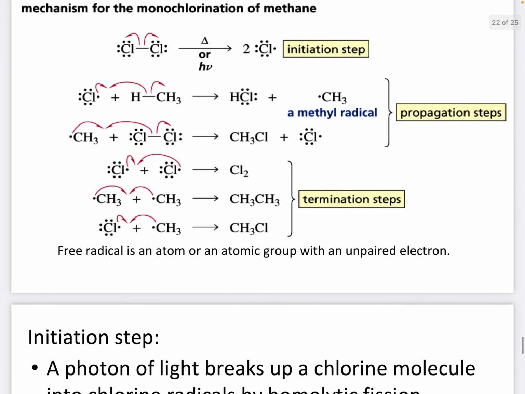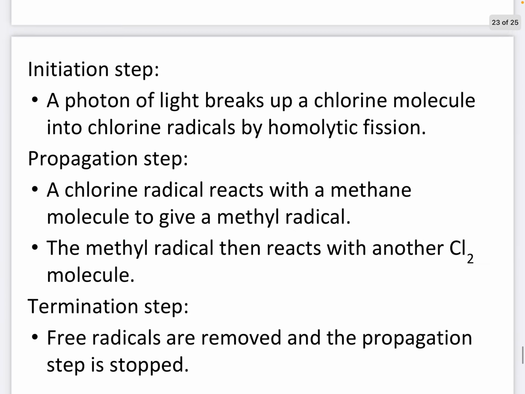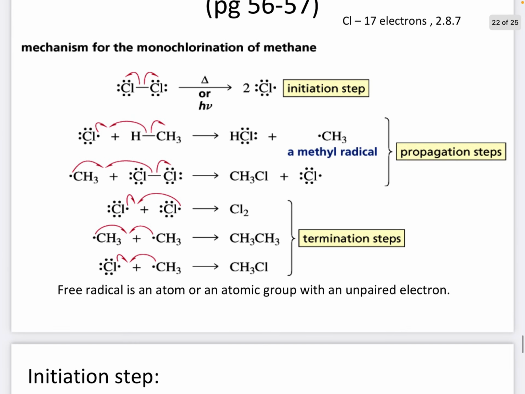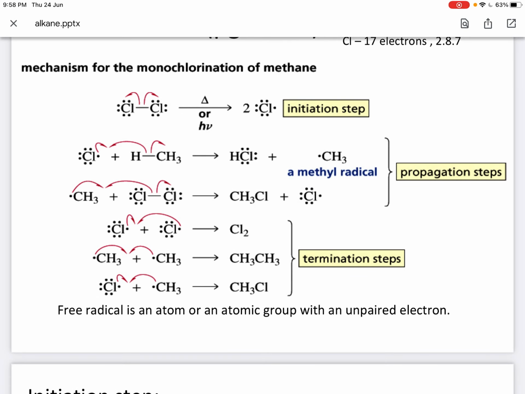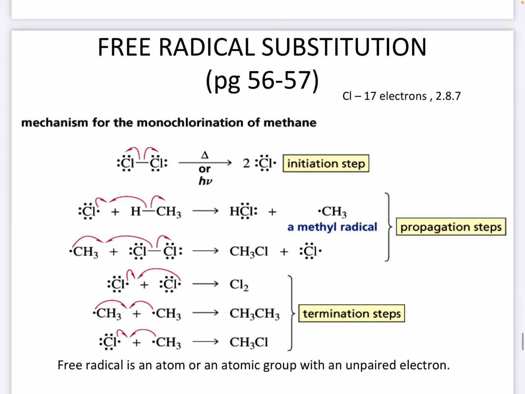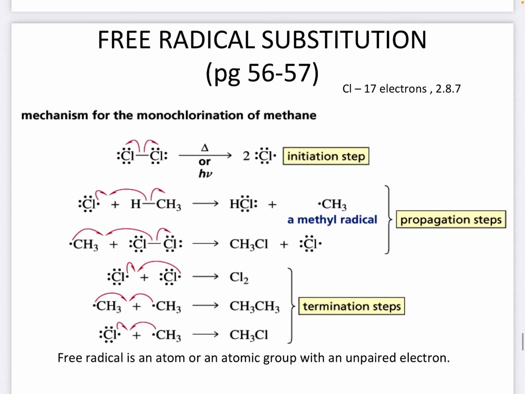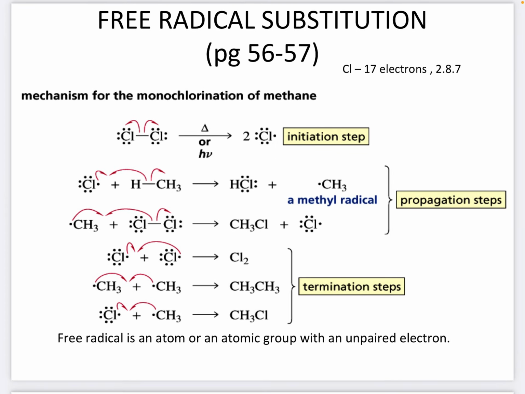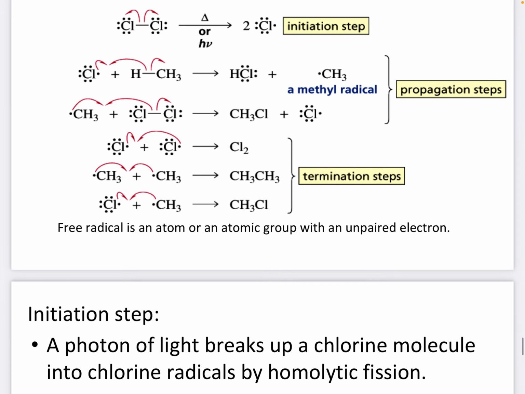I'm not going to talk about what this actually means, but basically, initiation is the electrons get triggered to release, while propagation is the chlorine going to the methyl radical, like when it switches place with one of the hydrogens.